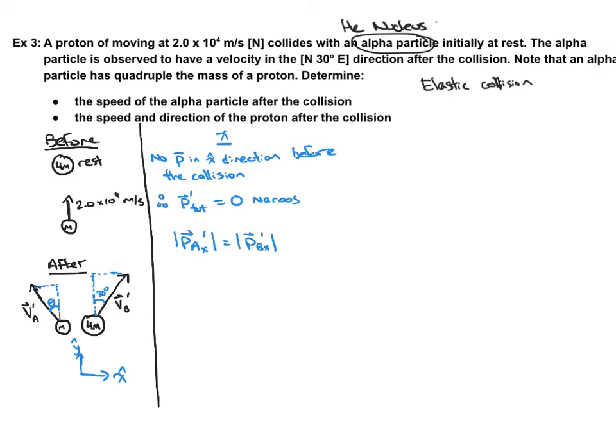And then I'm going to turn these momentum equations into m times v, mass times velocity. So for the left particle, the mass is m, and the velocity in the x direction will be the velocity A prime, and using SOHCAHTOA, it would be sine of theta.